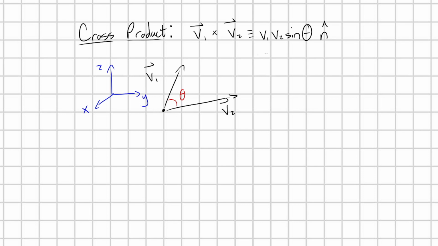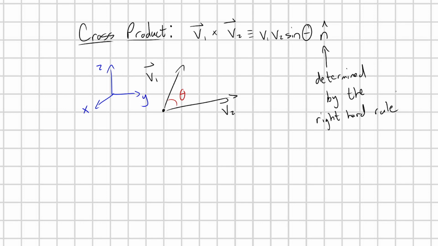The cross product is just defined as taking the magnitude of v1 times the magnitude of v2 times the sine of the angle between those vectors, and then we encode this into a vector that points in the n hat direction, where n hat is determined by a convention called the right-hand rule.